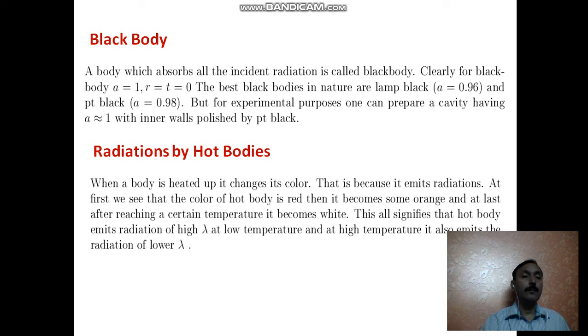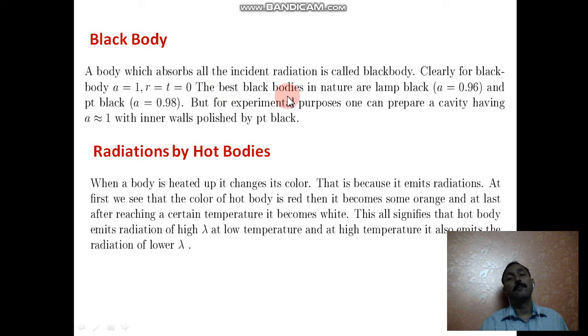Black body. What is a black body? A black body absorbs all the incident radiations. Clearly, for a black body, absorptive power is equal to 1 and reflective and transmittive power are equal to 0.